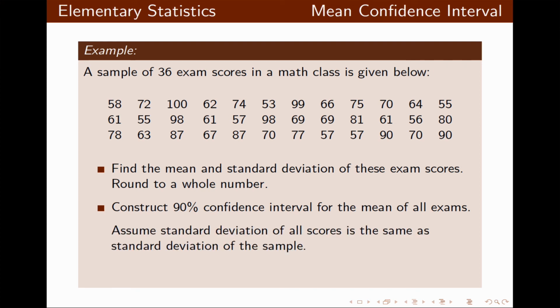But we're going to assume that the standard deviation of all the scores is the same as the standard deviation of this sample. And then we're going to find a margin of error. And we're going to do all of that by using the TI.